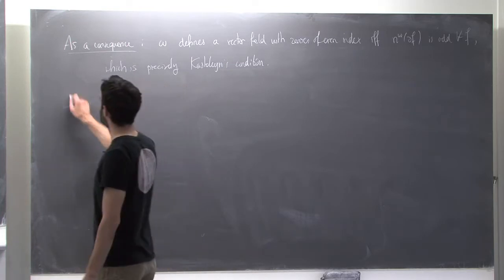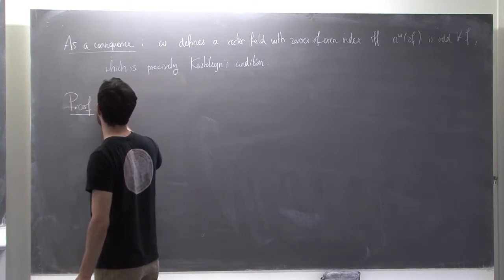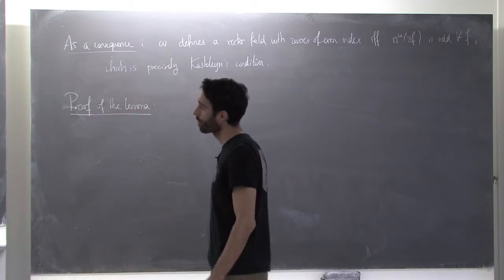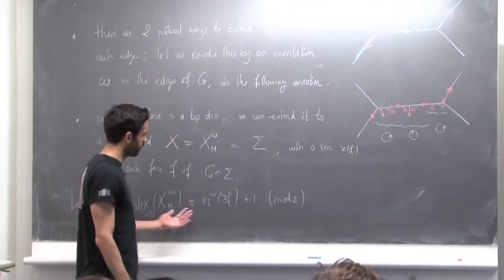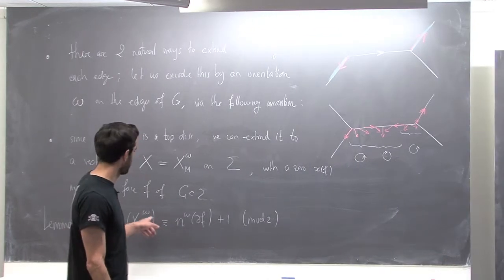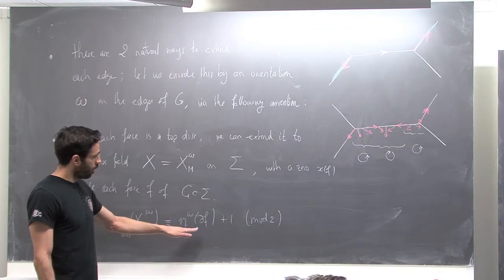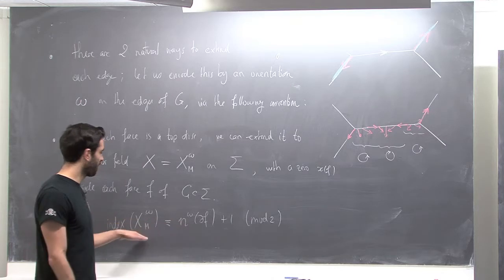So let me give a proof of the lemma. So you just have to observe, it's not difficult, that if you change omega along one edge, the right-hand side will change parity, this is clear, this is really by definition, and the left-hand side as well.